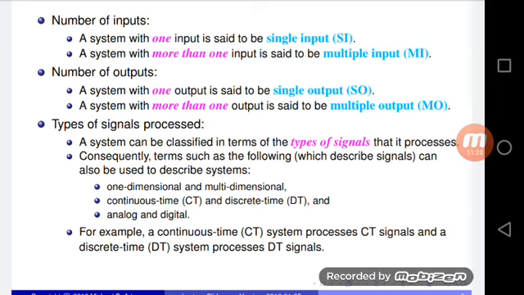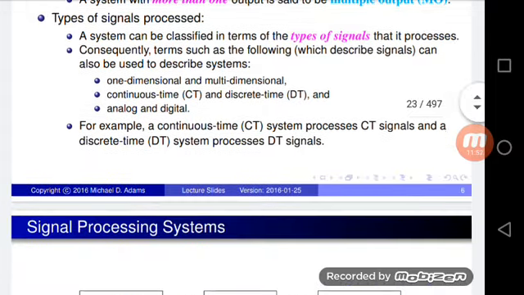For example, a continuous system processes continuous signals, and a discrete system processes discrete time signals. So any system depends on several elements: one-dimensional, multi-dimensional, continuous, discrete, analog, digital. These are the different conversions and the introduction to signals and systems.